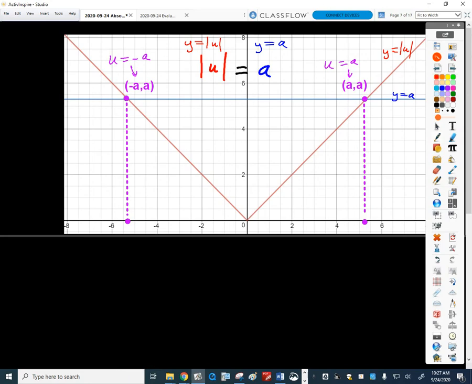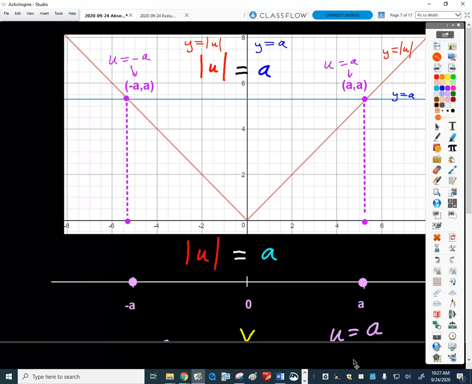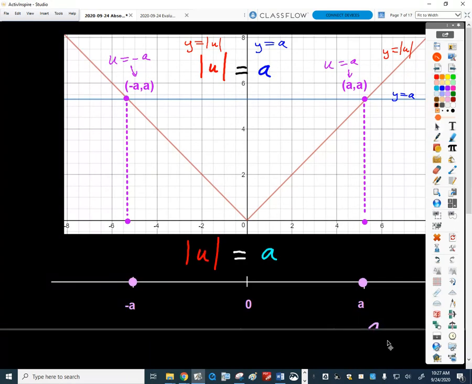We're looking for the intersections because those are the places where the two graphs are equal. And we just see this. We can see that the absolute value of U equals A in two places. It equals A here at this X value. So if I'm just looking at this on a number line now, on the X axis, I've got this one point with an X coordinate of -A, and I've got this other point with an X coordinate of A. Those are my two solutions.